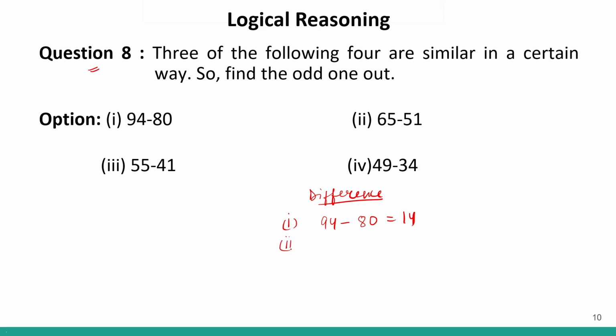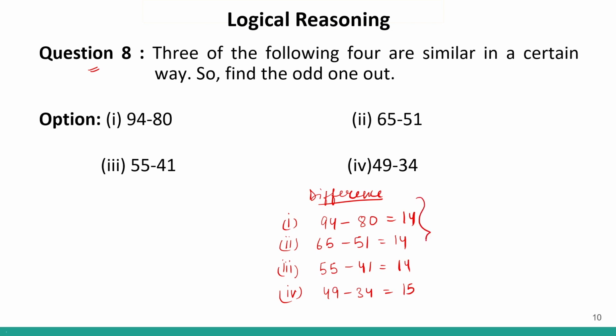In option number 2, the difference will be 65 minus 51, which is again 14. In option number 3, the difference will be 55 minus 41, which is again 14. But in option number 4, the difference will be 49 minus 34. This will be equal to 15.